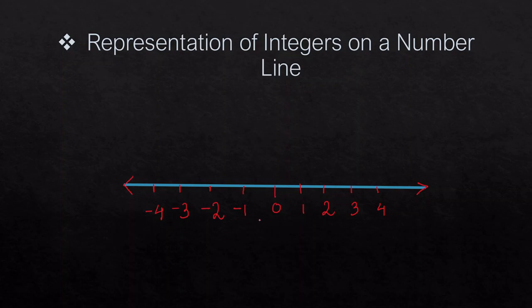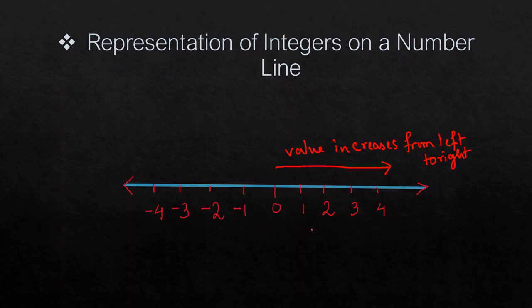So you can see that if we go from 0 to 1 or 1 to 2, the value of the number increases. The value increases from left to right.